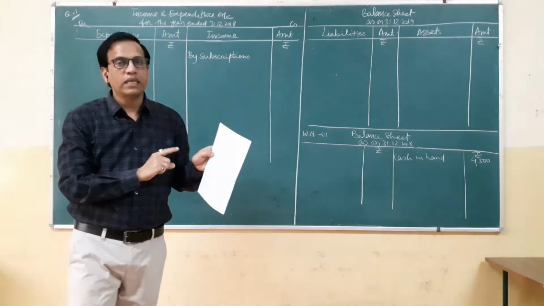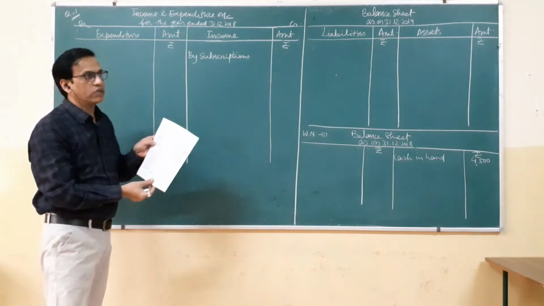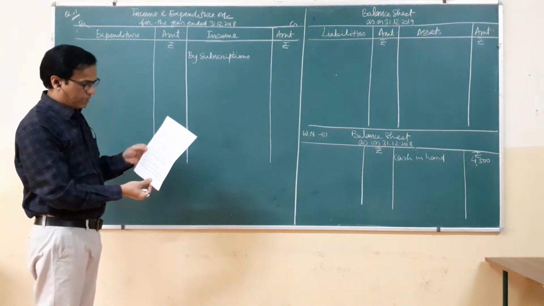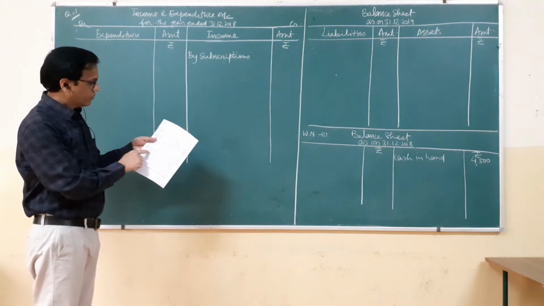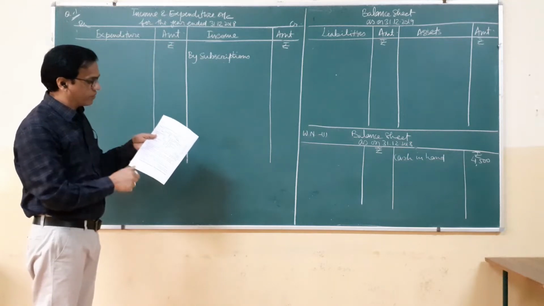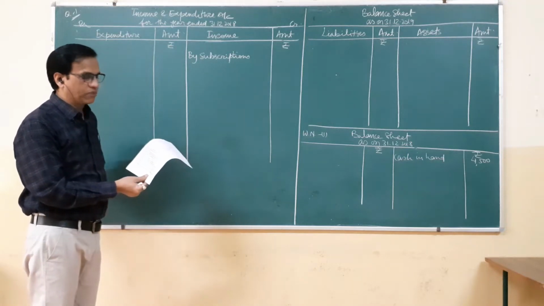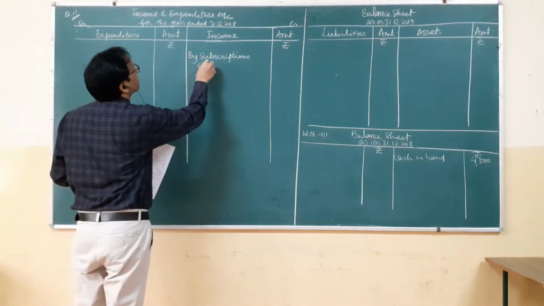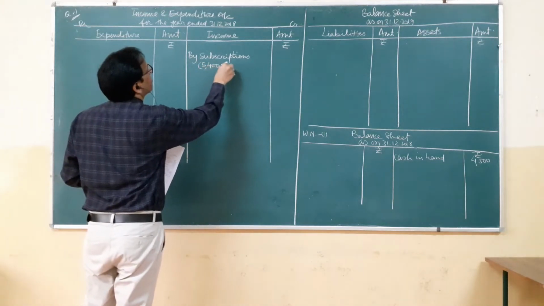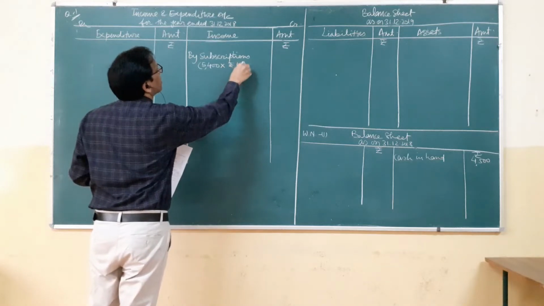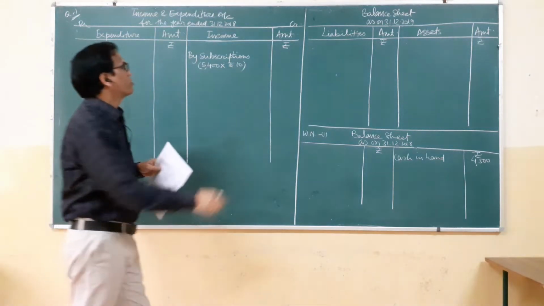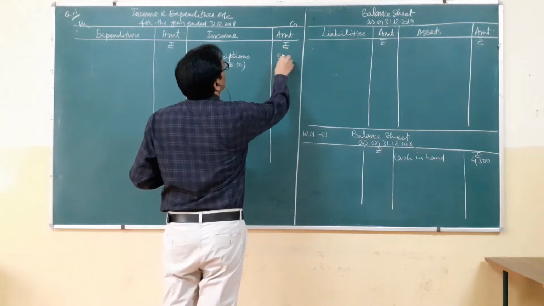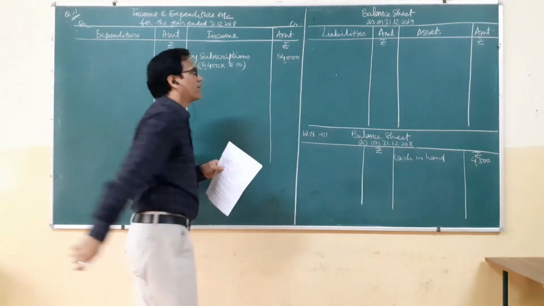Then we will go to the additional information also to find out if something is given related to it. Yes, the first point is given. The club has 5,400 members, each paying an annual subscription of 10 rupees. When it is given this way, simply in the income and expenditure account we take it like this: number of members into annual subscription per member. So it is 54,000. Right?